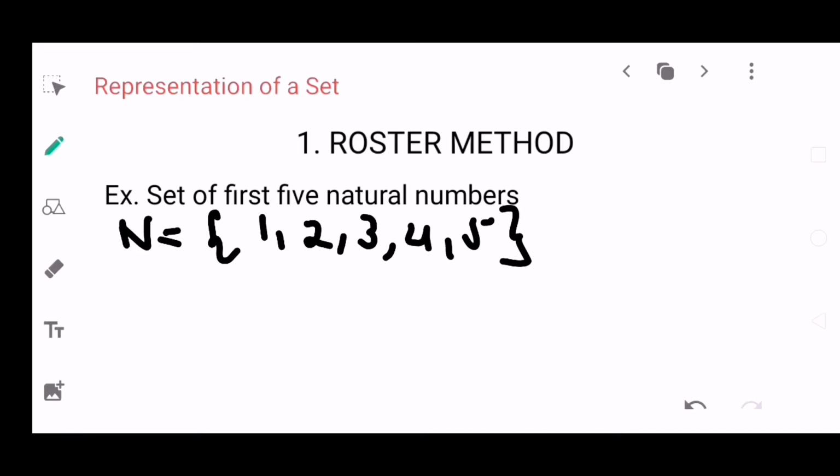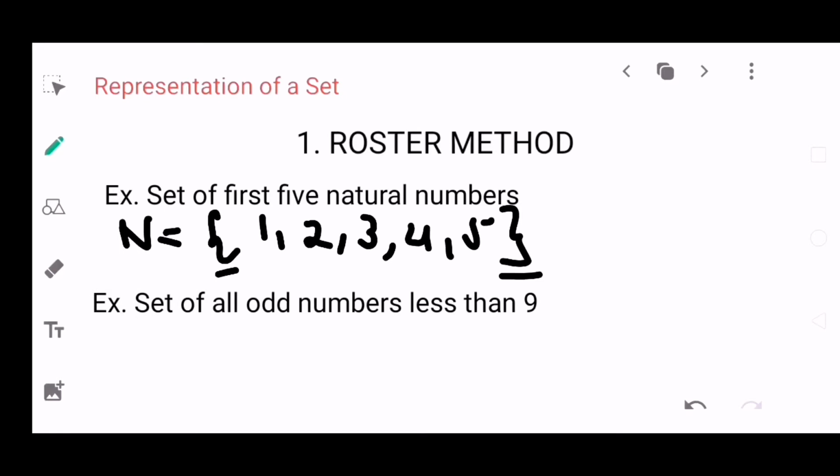If you will notice, this is the same way as what we did a while ago in our previous example. We are merely listing the elements included, separated by commas, inside these braces. Let's have another example. Let's say we have a set of all odd numbers less than 9, and let us denote this by x.